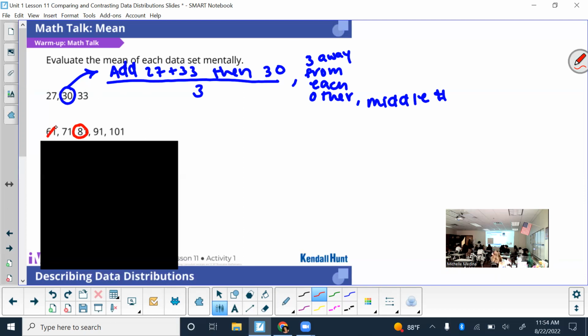So if you go left, right, you said, and then what? So is the mean always going to be the same as your median? No. No, but is it in this case? Yes. Do you know why that is?